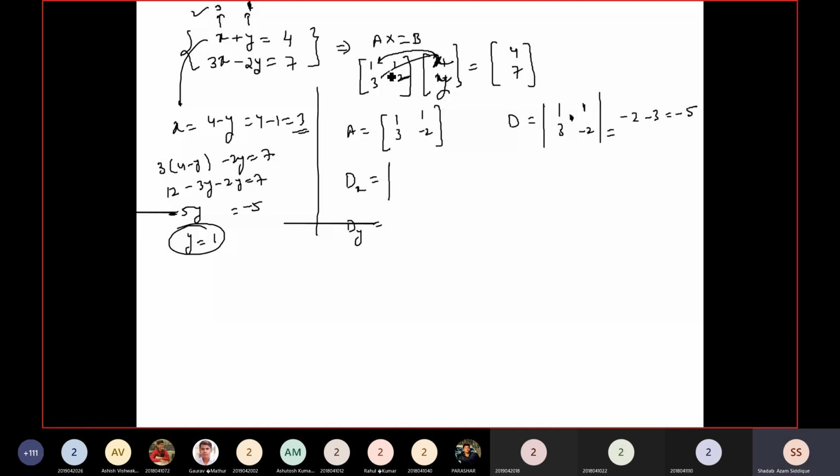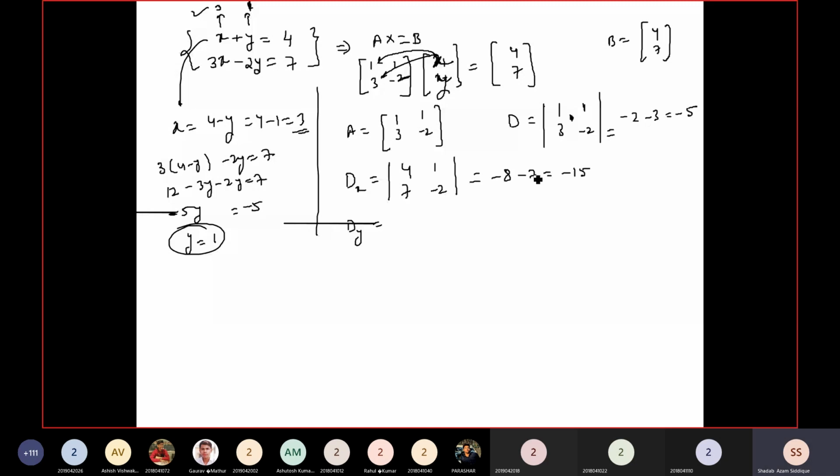So I will eliminate the first column and write the B matrix there, which is 4 7. The other things will be as it is, so 1 minus 2. Now 4 times minus 2 is minus 8, and then minus 7.